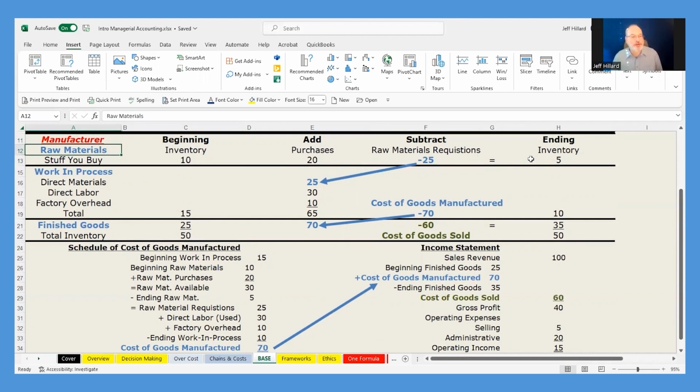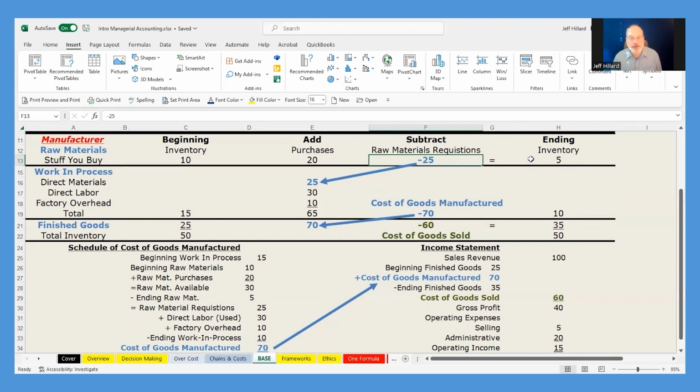Our raw materials, remember, it's stuff we buy, what we begin with plus what we buy minus what we subtract. These are called raw material requisitions. Requisitions is a request from the factory for $25 worth of cheese and boxes and et cetera, means that we will have 5 left, just like before.